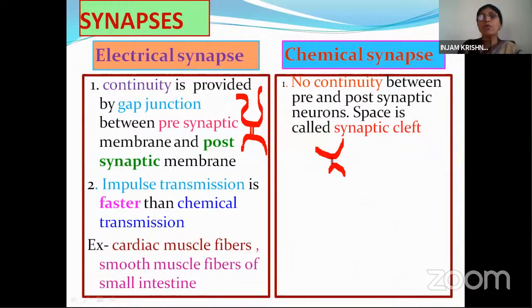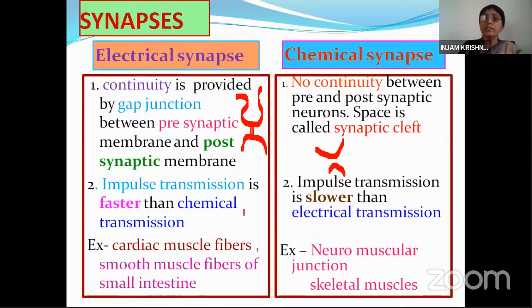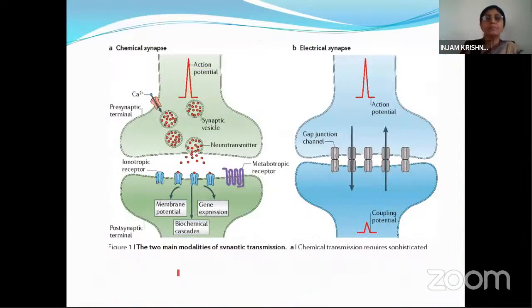Only fluid is there. That's why impulse transmission is faster in electrical synapses, and slower in chemical synapses. Examples of electrical synapses: cardiac muscle fibers and smooth muscle fibers of the small intestine. The neuromuscular junction, that means skeletal muscles, is chemical. These are the differences between electrical synapse and chemical synapse.